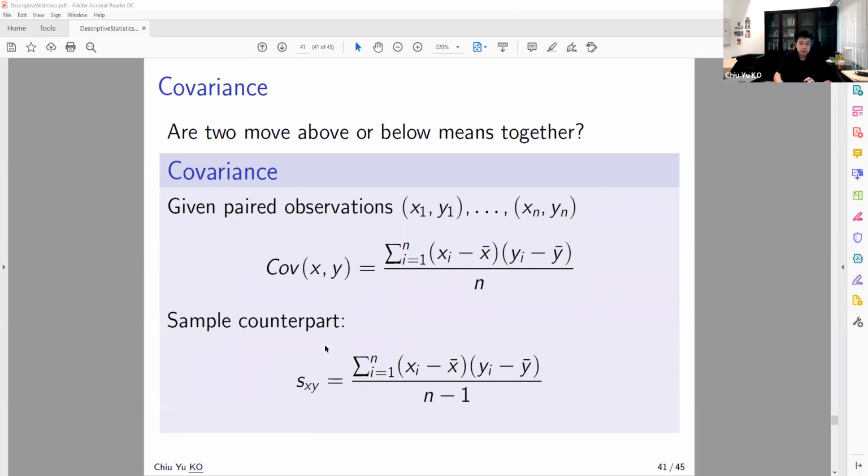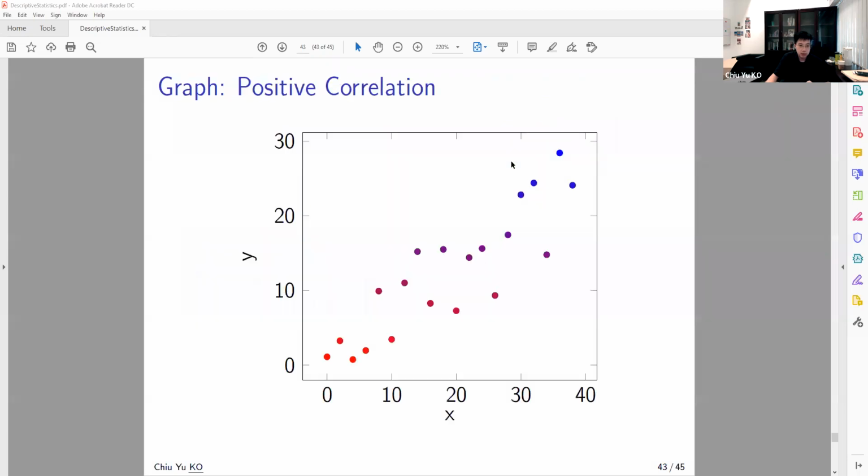Look at the graph maybe. This one is easy. First you can see the mean of X is around here, and the mean of Y is here.